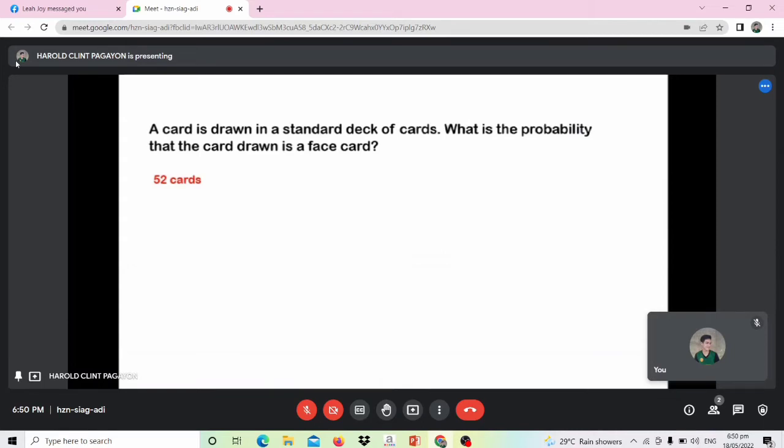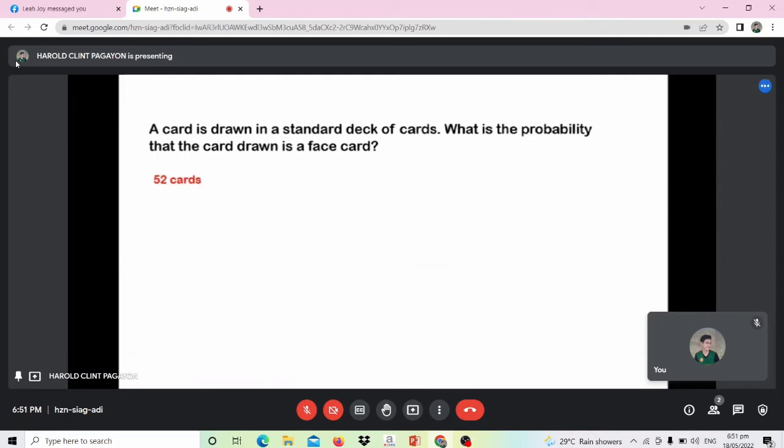If you try to remember, not all the cards in the standard deck have faces. The only cards that have faces are the Jack, Queen, and King. But there are 4 types of cards, right?